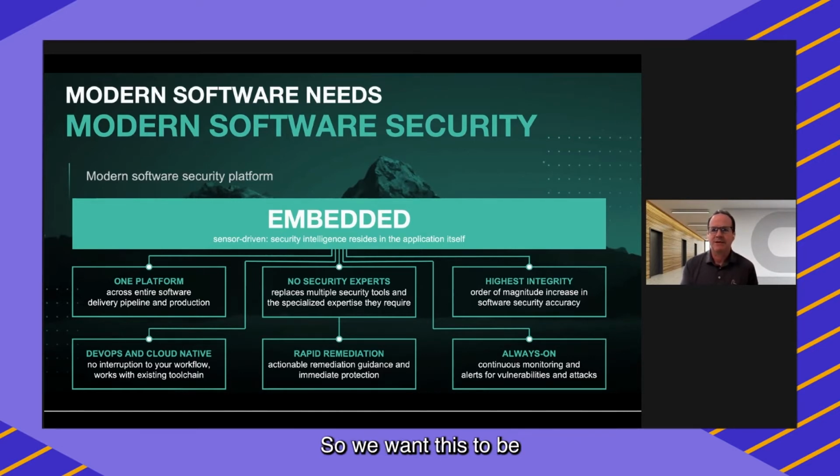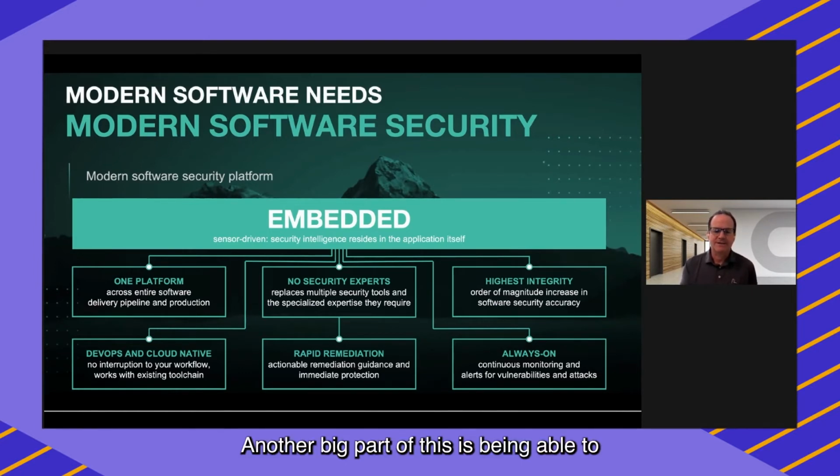So we want this to be something that can be used by a broad array of people on the teams. And it's really this notion of adding security into your DevOps environment. So that's where DevSecOps comes into play. This ability to take advantage of the modern architectures that everyone is moving to for application development and deployment, and then adding security into that.